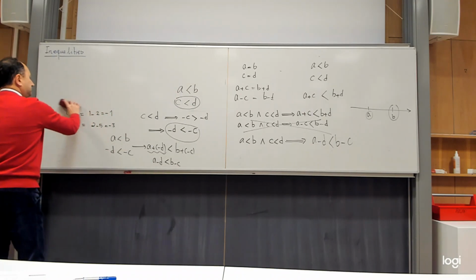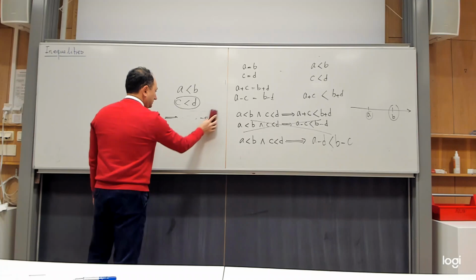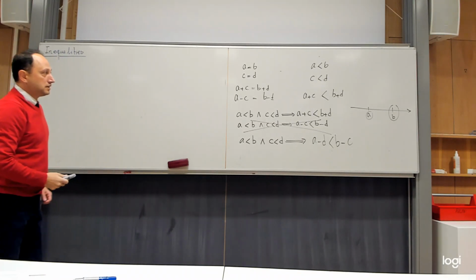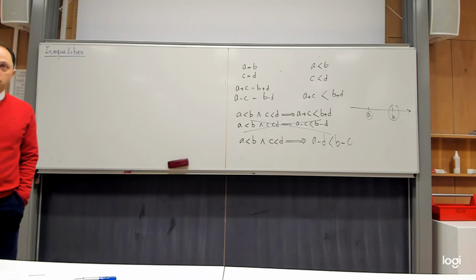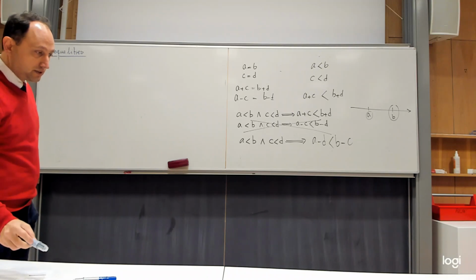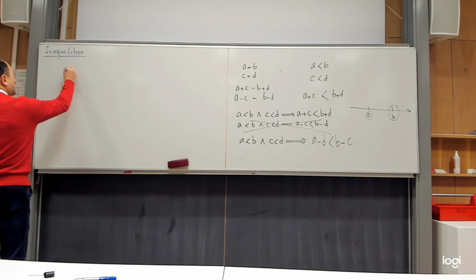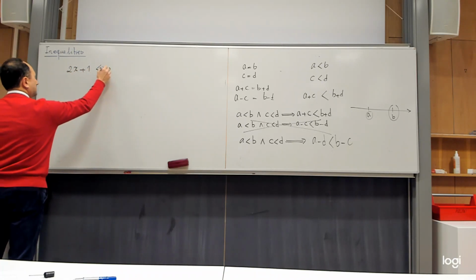Now, let me start another topic. We want to solve inequalities. What do I mean by solving an inequality? So here, for example, I would write 2x plus 1 is less than 5.